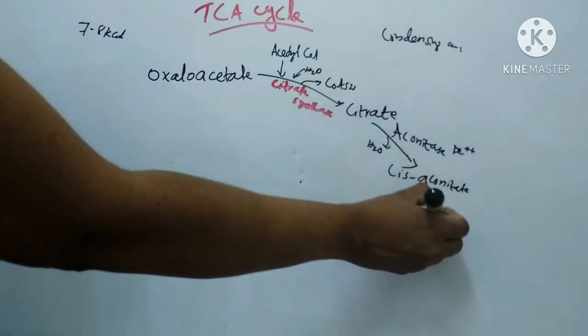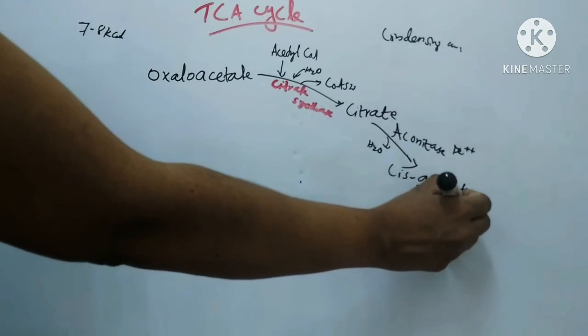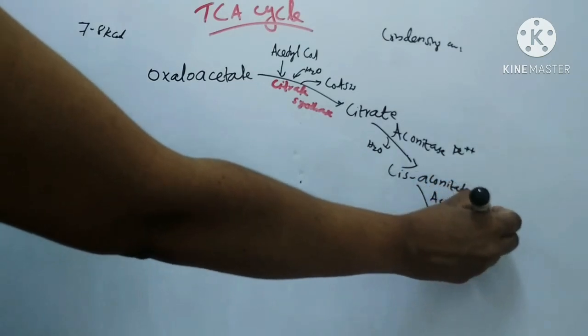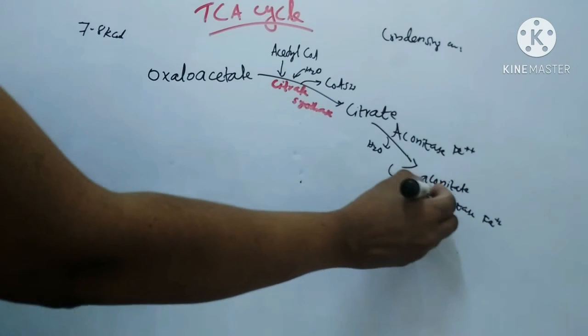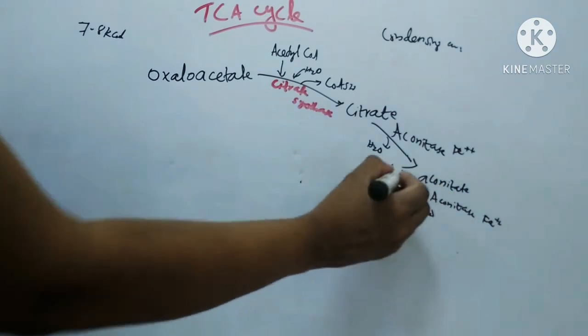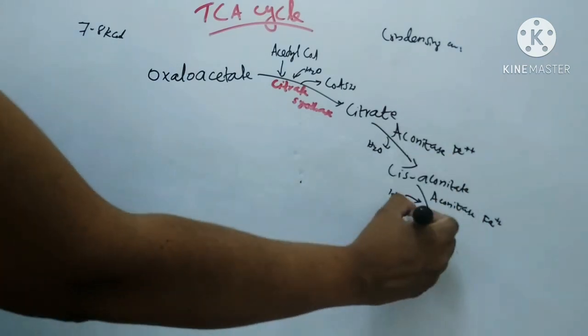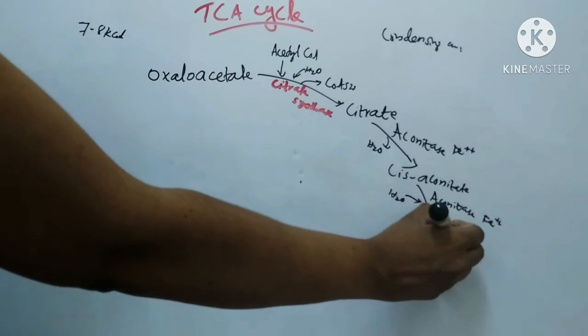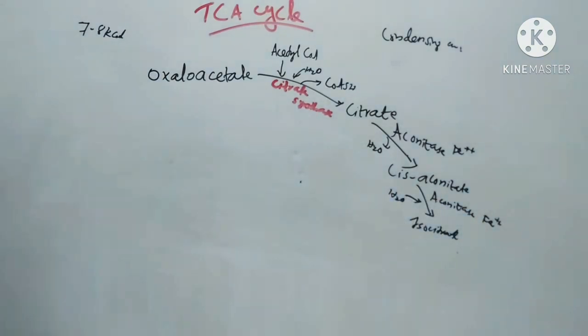By the same enzyme aconitase, water is added and it is converted into isocitrate.